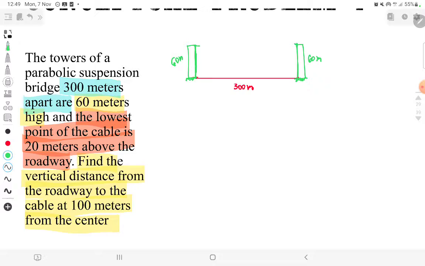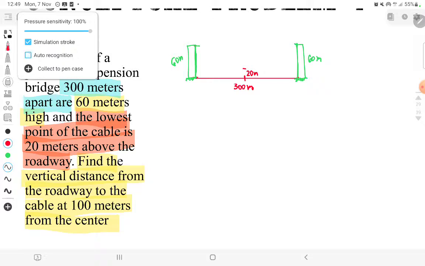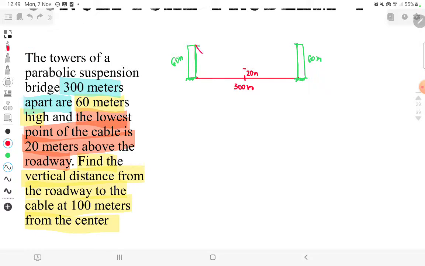Next, the lowest point of the cable is 20 meters above the roadway. Since this is a parabola, we may say that there will be a sag here, and the sag is 20 meters.